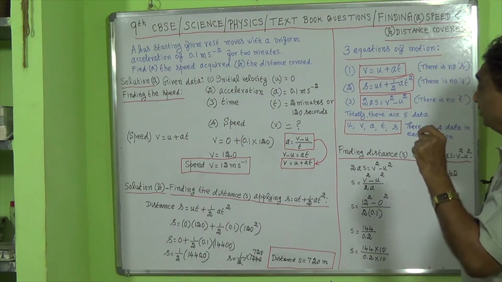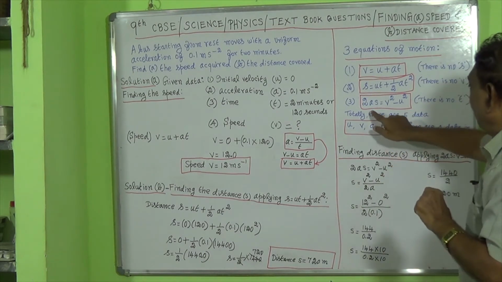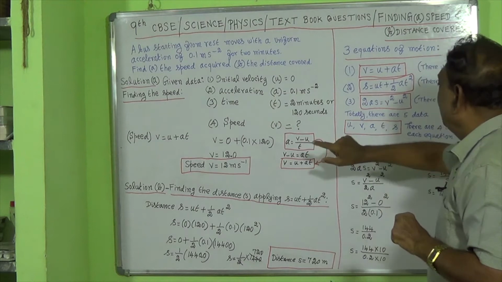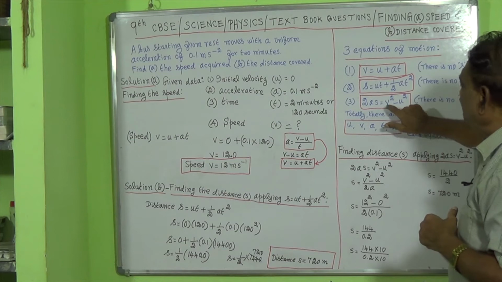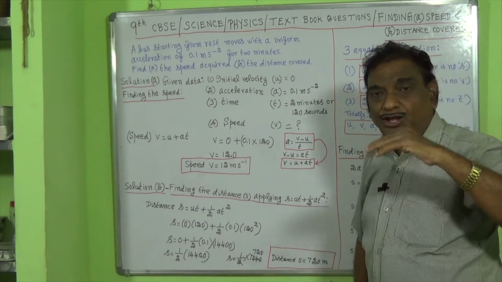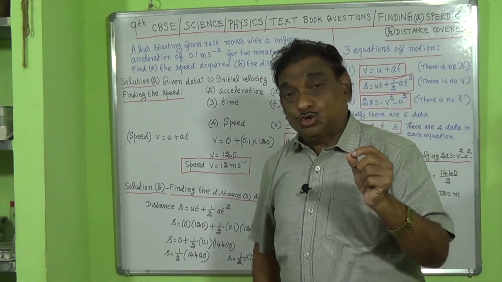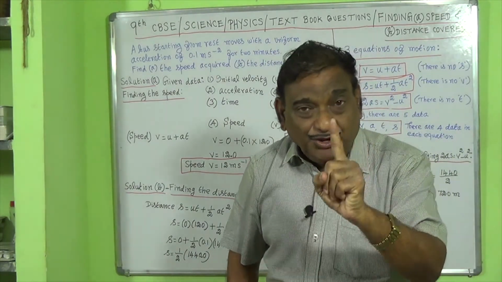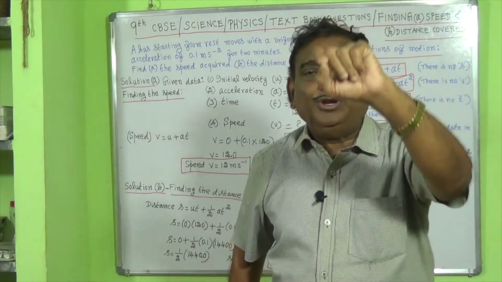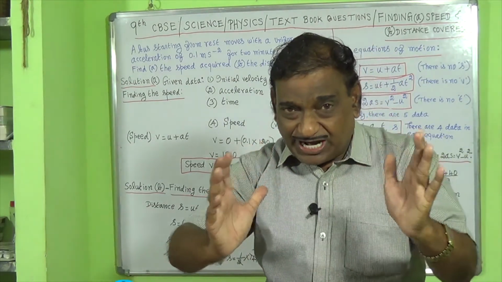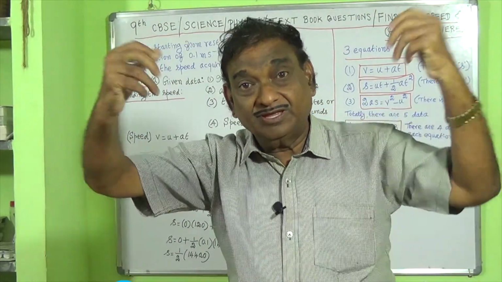If we select the third equation, we have a, acceleration, and u, initial velocity. We have to find the final velocity v, but we do not know the distance. I have told so many times, from one equation we can find the value of only one unknown, subject to the condition that we know the values of all other data.